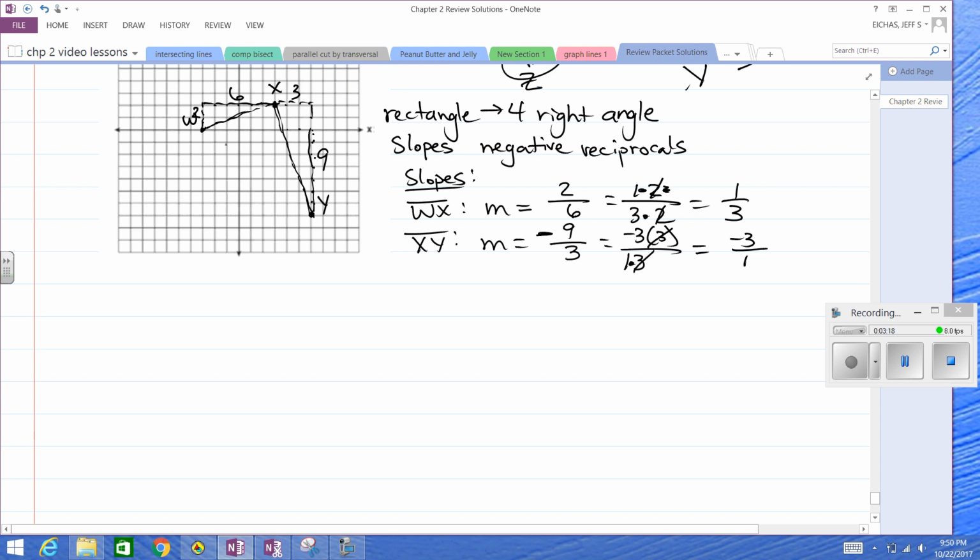Now, what I would do if it's a rectangle is WX would have to have the same rise and run as YZ. So I'm going to come back 6 and come down 2, and then I've repeated that, right? So we've got the 6 and 2. All right, same thing. So that's going to be perfect right there.